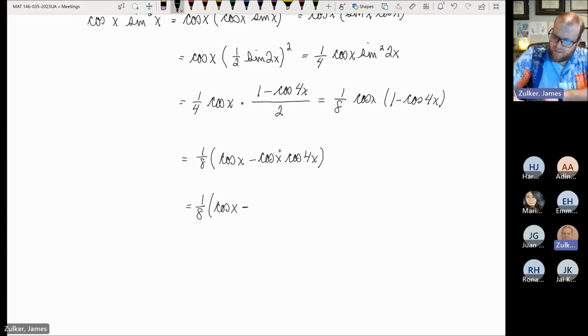And so for this second term here, we can use the product to sum. Right, the 1/2 the quantity cosine of x plus 4x, plus cosine of x minus 4x.